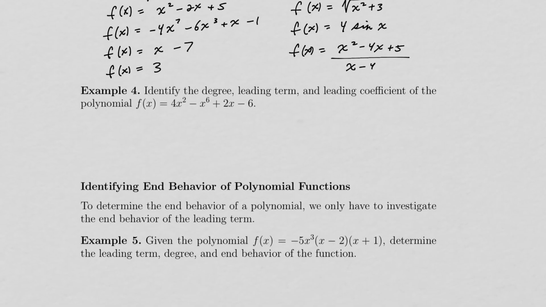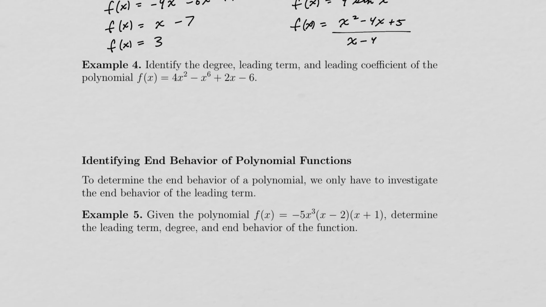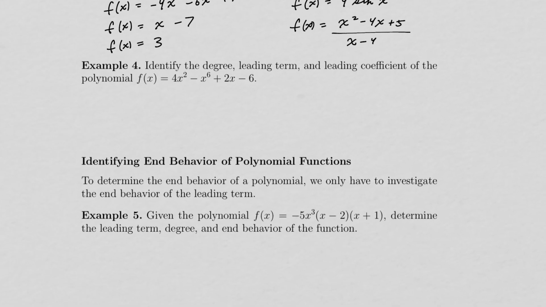Identify the degree, the leading term, and the leading coefficient of this polynomial. So the first thing I would do is write the polynomial in descending order, which means you write the highest power first. So basically you're going to write the leading term first and then decrease from there. So I have a 6th power, then there's a squared, then there's a linear term, and then the constant.